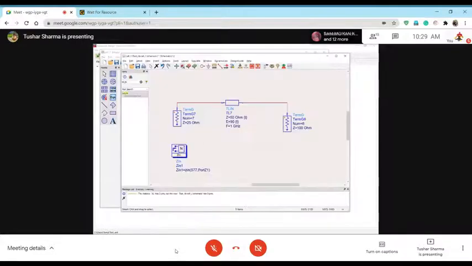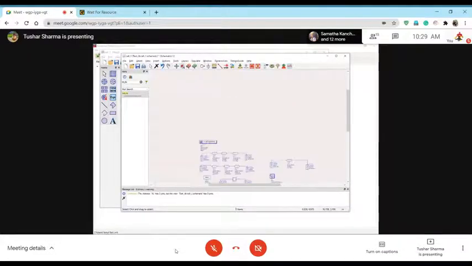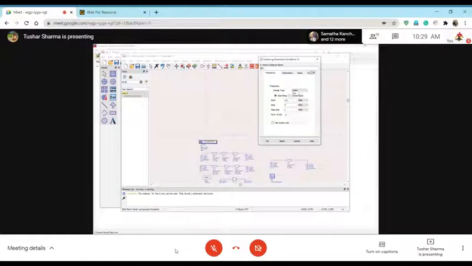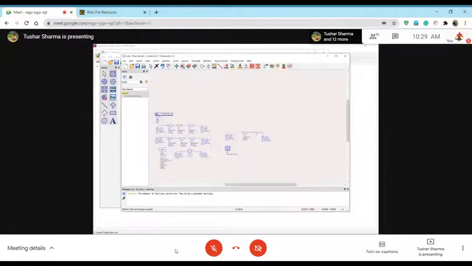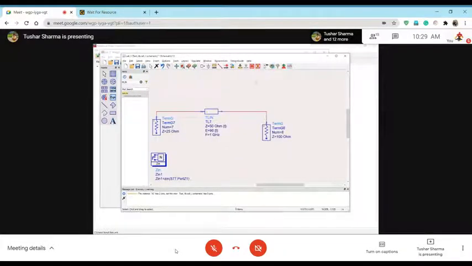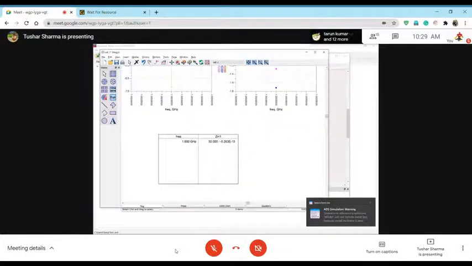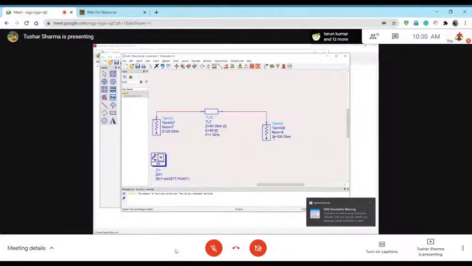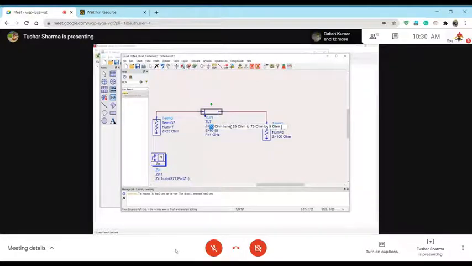Okay, frequency has to be only 1 gig because it won't work at others. So yeah, this is converting 100. Actually, this is wrong, because that has to be 50 ohms.